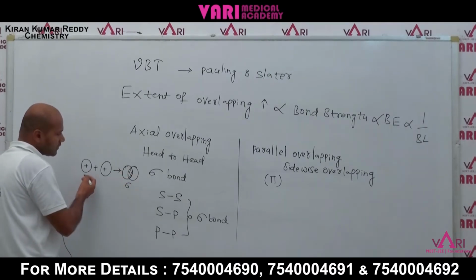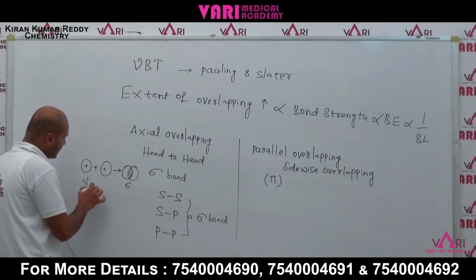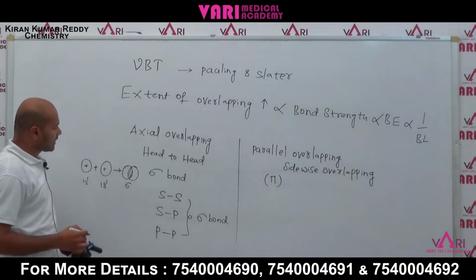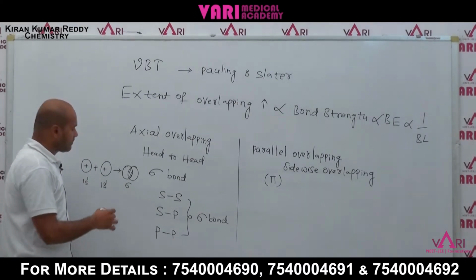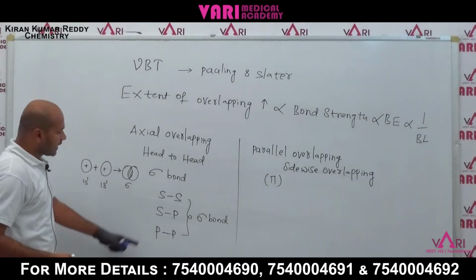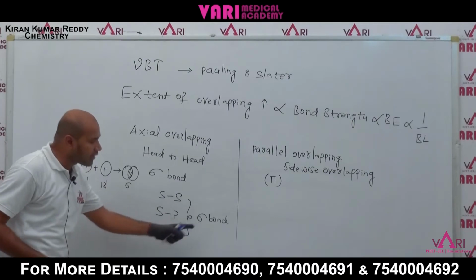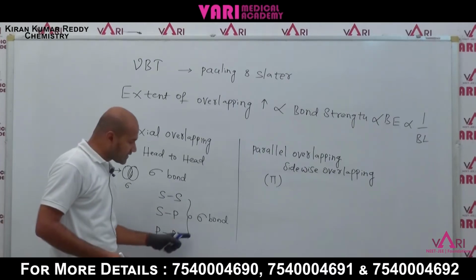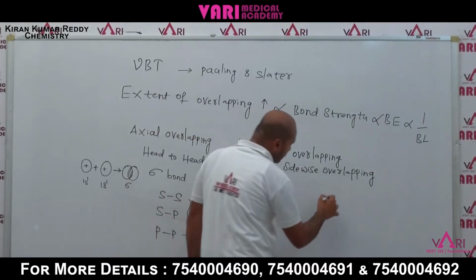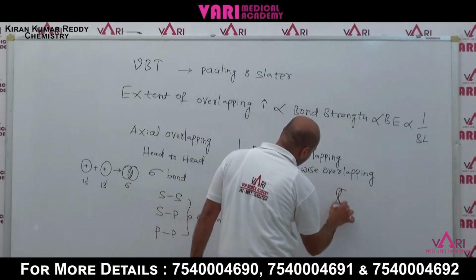For example, this is one 1s1, here also 1s1, one atomic orbital, here is another atomic orbital, they are mixing, and a sigma bond is formed. Next, s-p mixing means a sigma bond is formed, even p-p mixing also gives a sigma bond. Now lateral or sidewise overlapping means overlapping like this.